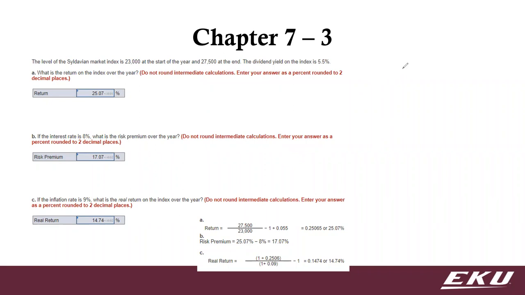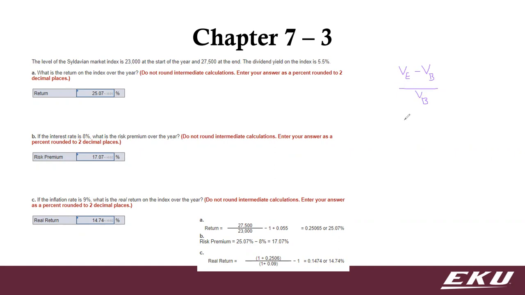So sometimes you will see the ending value minus the beginning value divided by the beginning value, or it might be structured a little differently. It's normally kind of how we'll write it.